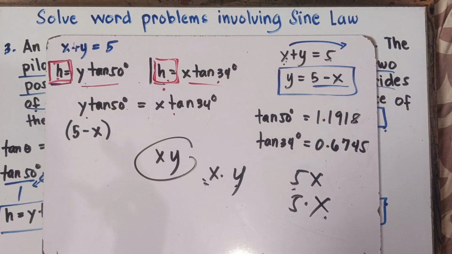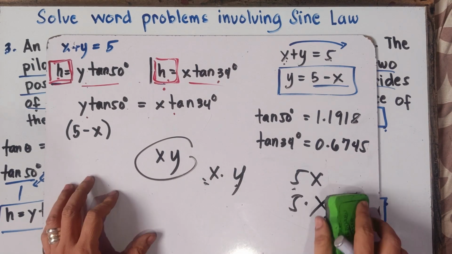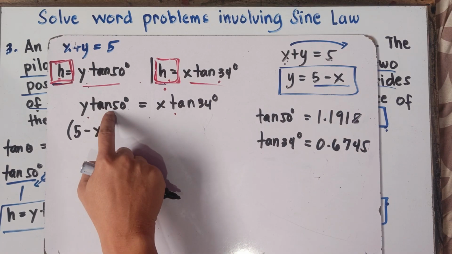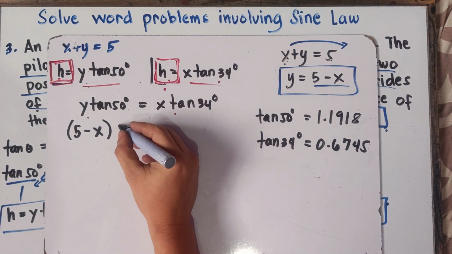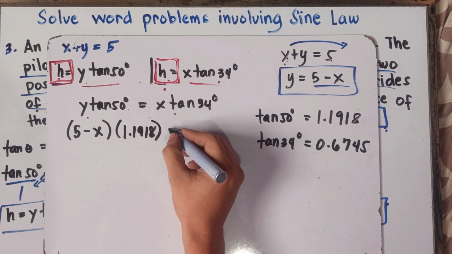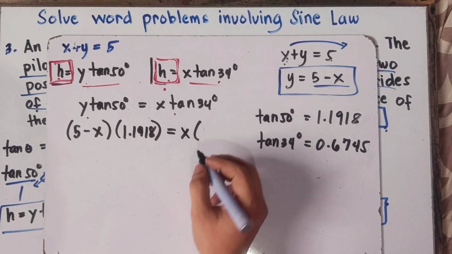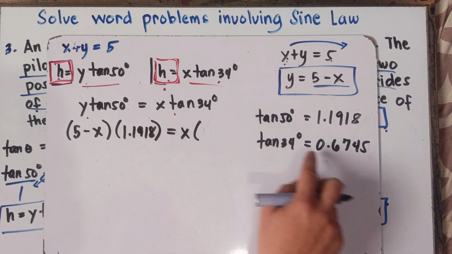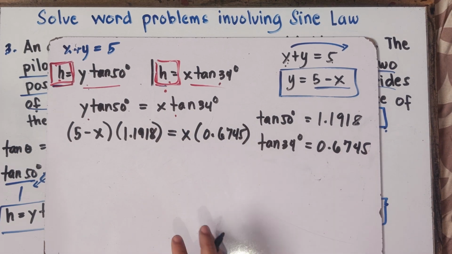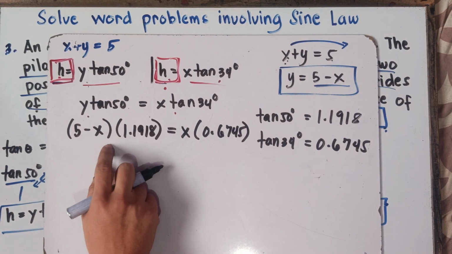Therefore, if two numbers or two variables are close to each other, or a number together with a variable, it means multiplication. So therefore, 5 minus x multiplied by tangent 50 degrees, which is 1.1918, is equal to x multiplied by the value of tangent 34 degrees, 0.6745.